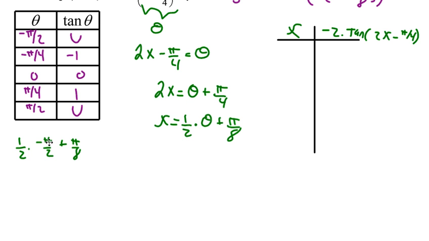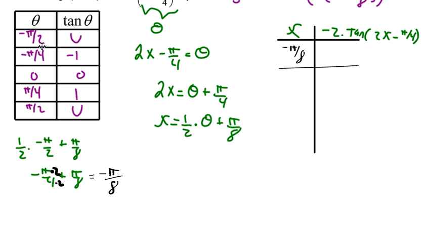A half times negative pi over 2 is negative pi over 4, plus pi over 8. Then we can get a common denominator by multiplying this by 2 and that by 2. Oh, I don't like that marker at all. Let's use a thinner one. So this is negative 2 pi plus pi over 8, which is just negative pi over 8. That's going to be our first one right here, negative pi over 8.